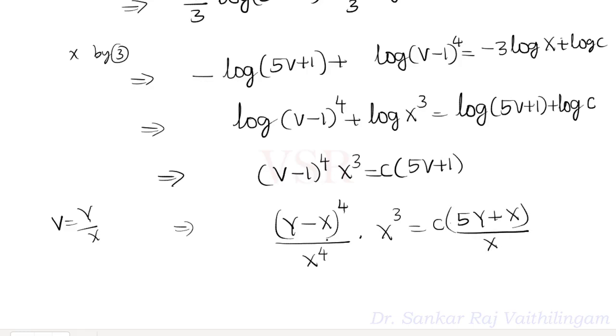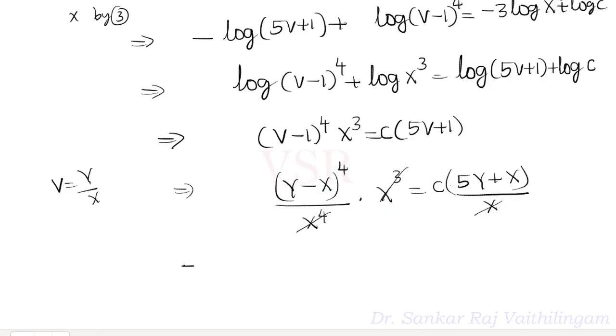The x to the power 4 cancels. So this implies y minus x the whole power 4 is equal to constant times 5y plus x.